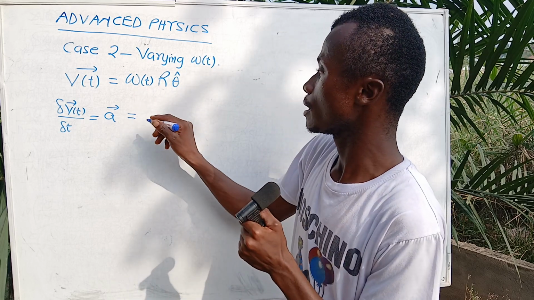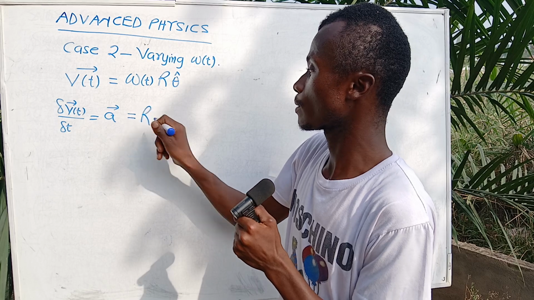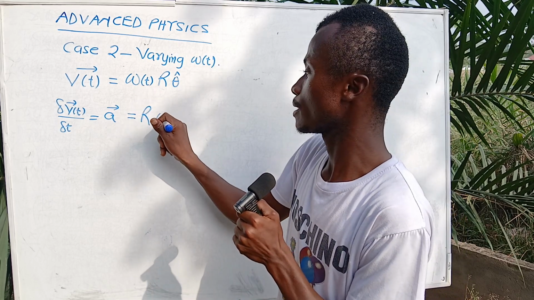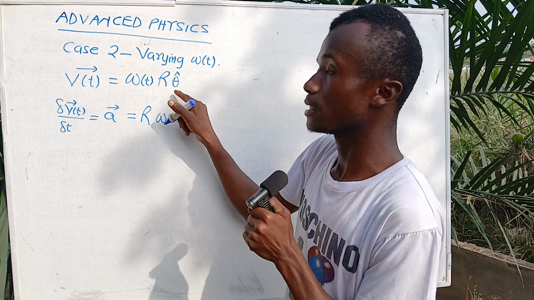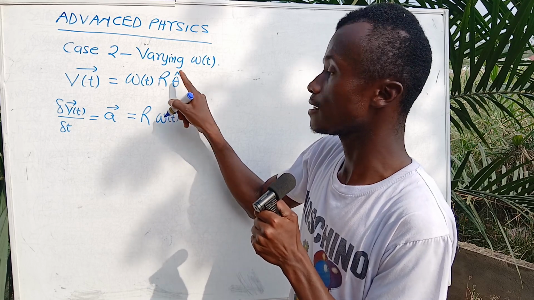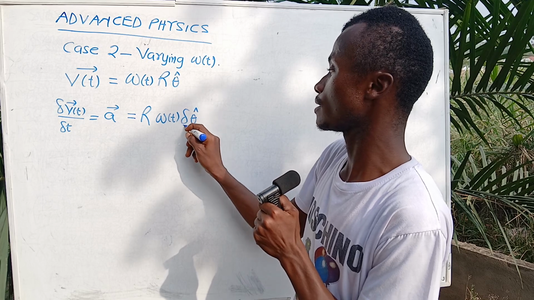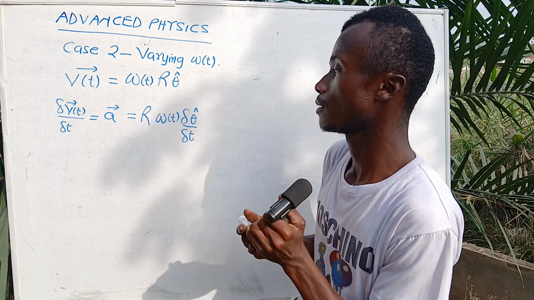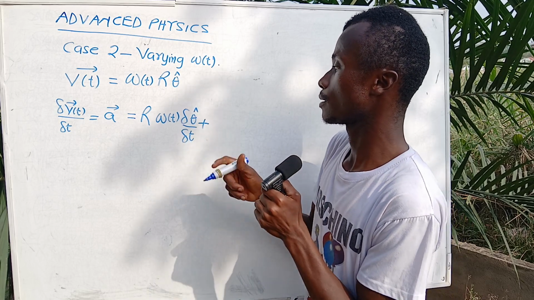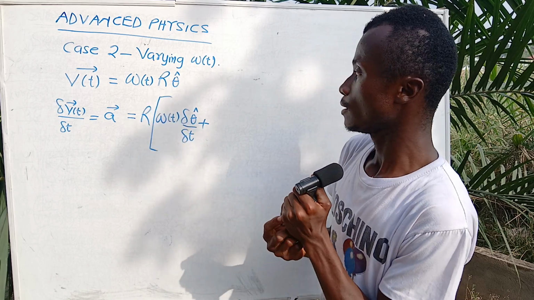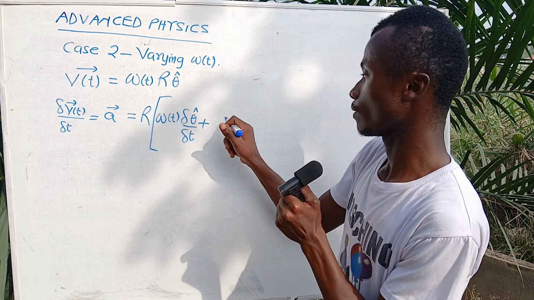So this is going to be r, which is a constant, out, maintain omega of t, differentiate the theta roof, and you're going to get d theta roof dt, plus, so r multiplies the whole quantity. Now it is time to maintain theta roof.